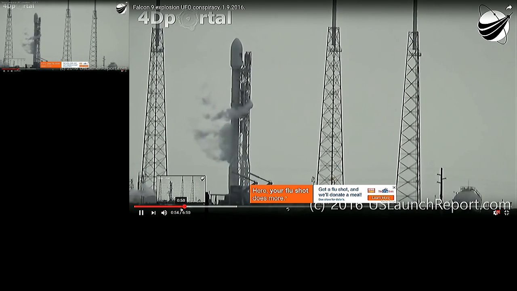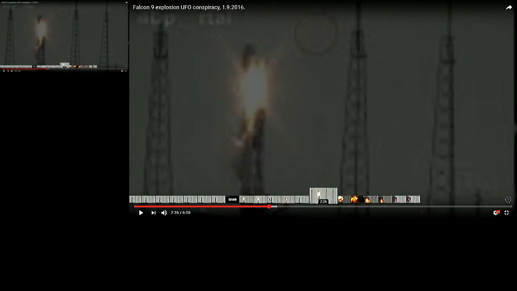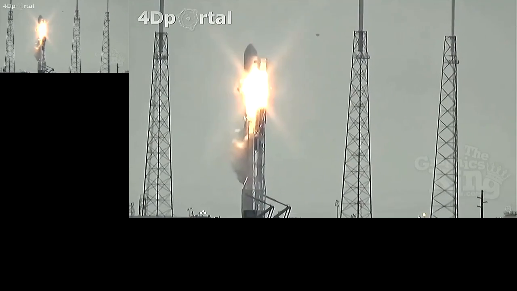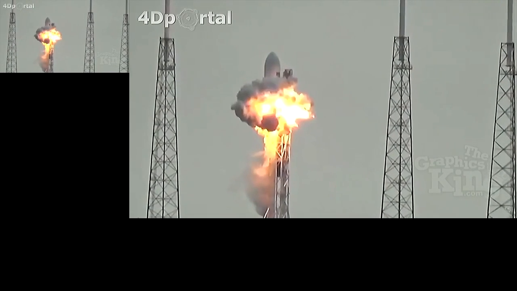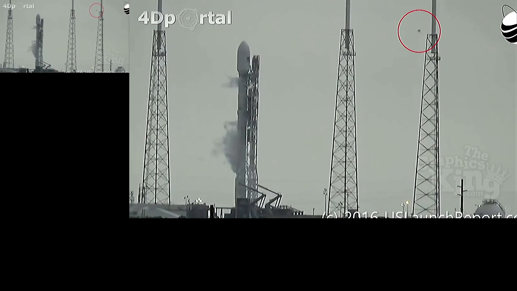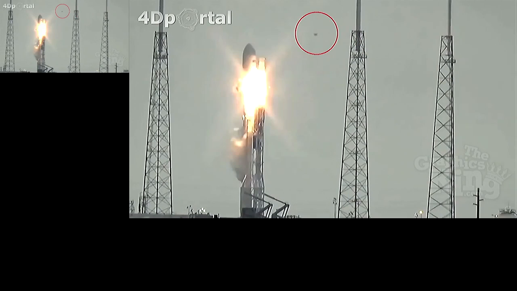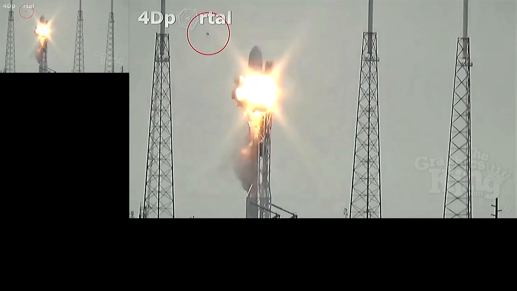But I read that Elon Musk is asking for all the video from the public that took video. He said that there was a bang before it exploded, so they're trying to figure out what the bang was.